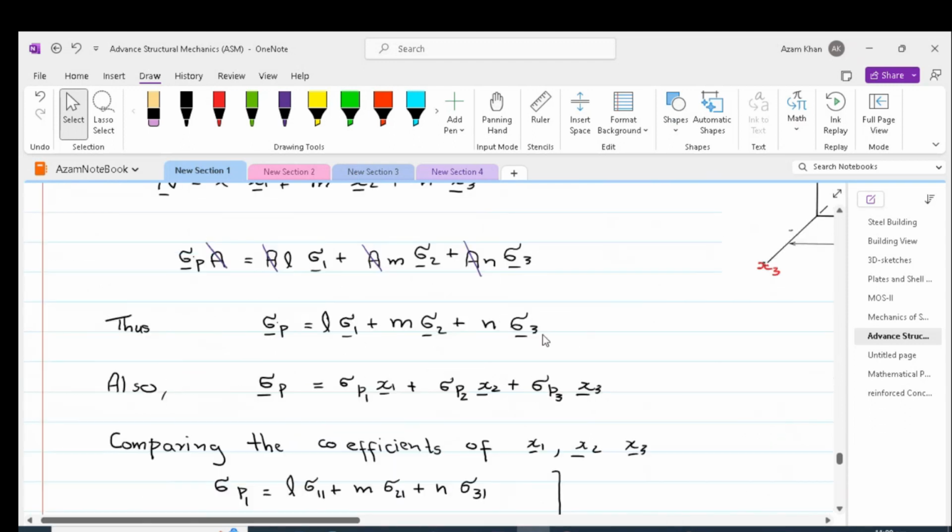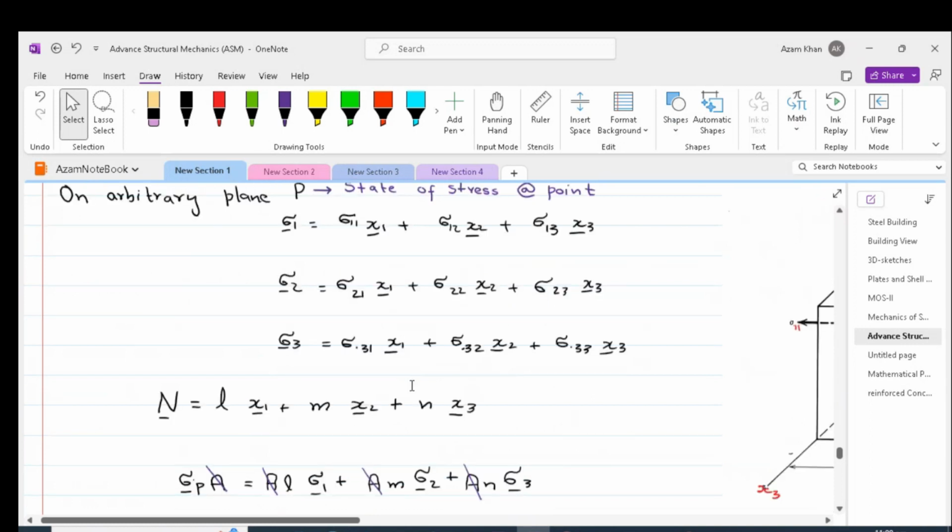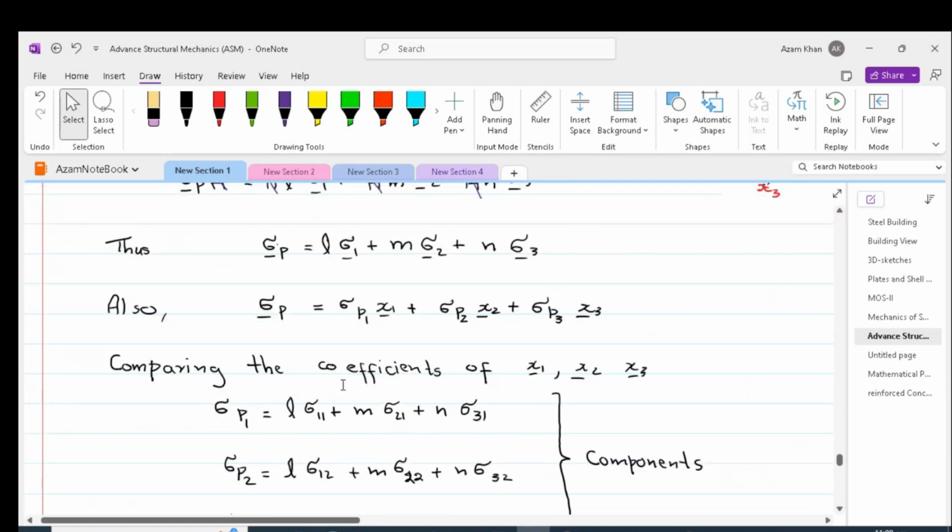Sigma 1, sigma 2 and sigma 3 in this equation can be replaced by the corresponding equations shown over here. And after that, we can compare the coefficients of x1, x2 and x3.